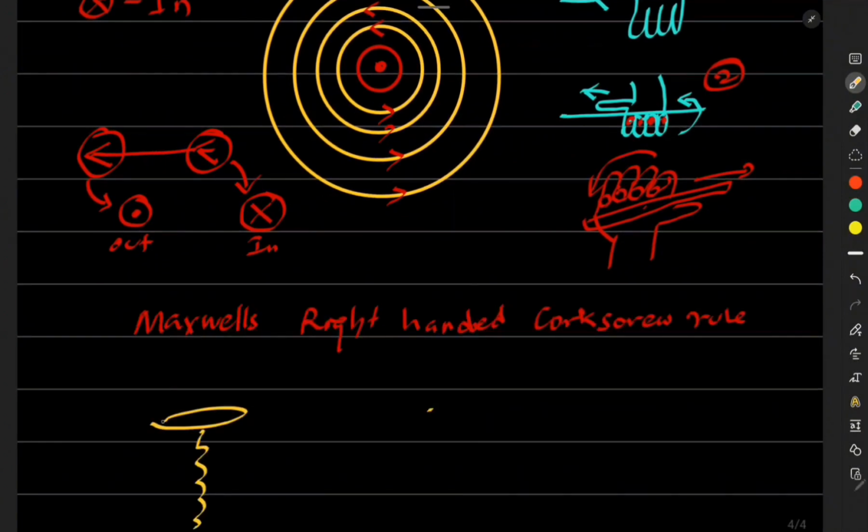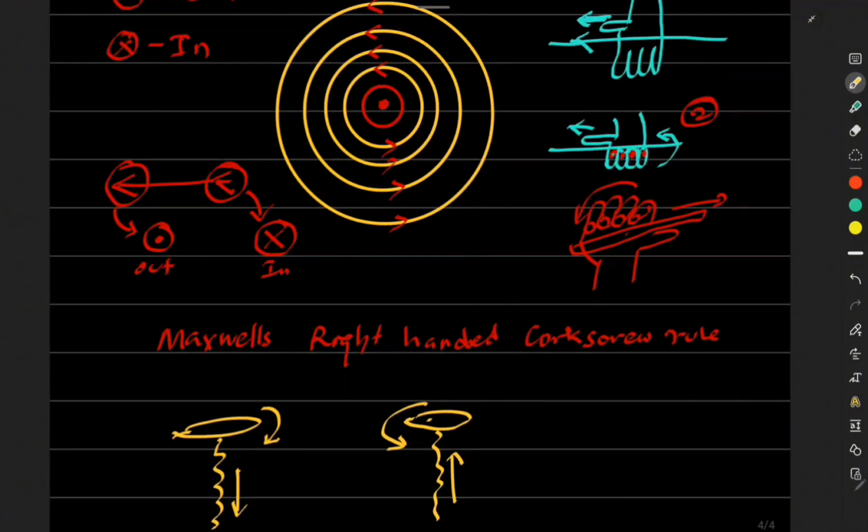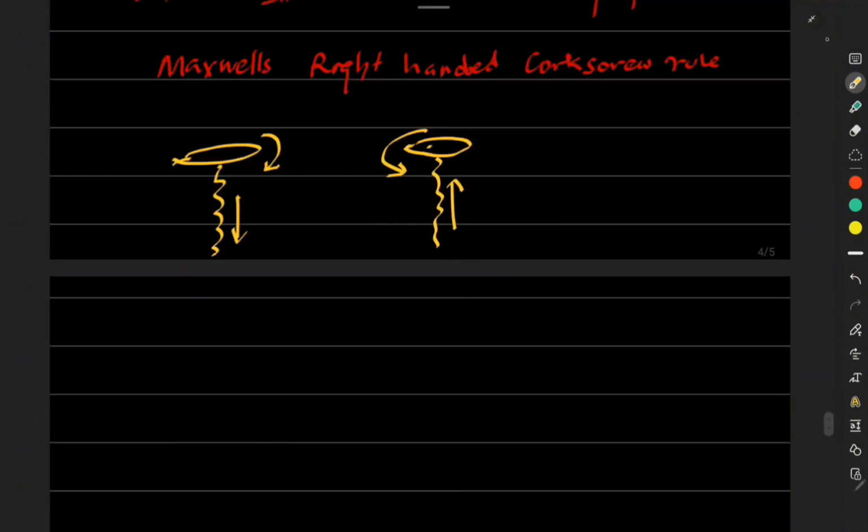If we rotate it in the clockwise direction, it will move in. If we screw the corkscrew in the anti-clockwise direction, it moves outwards. We use these to find the magnetic field direction of a current carrying conductor. We can use either the right hand grip rule or Maxwell's right hand corkscrew rule.